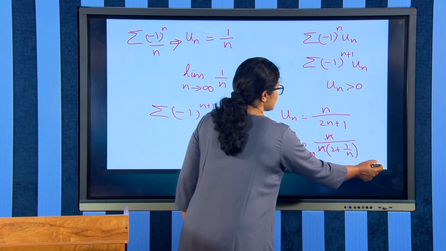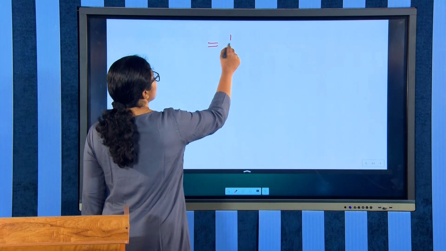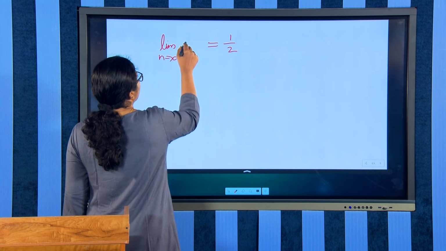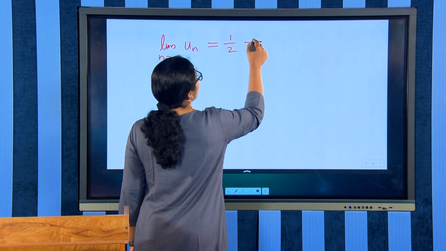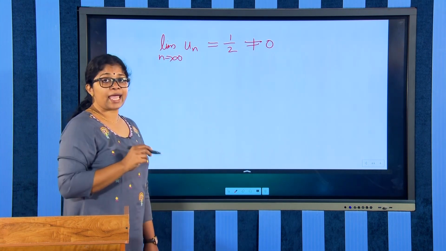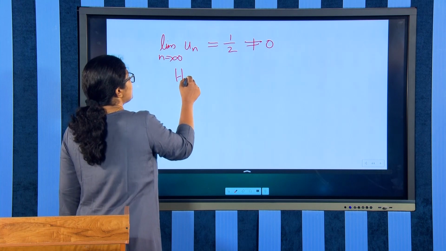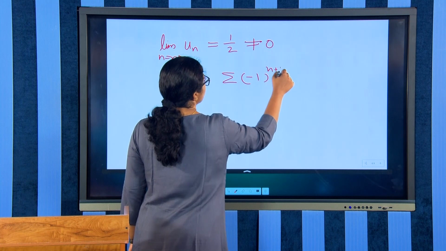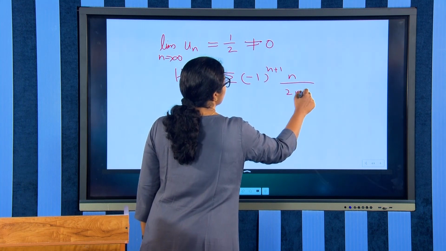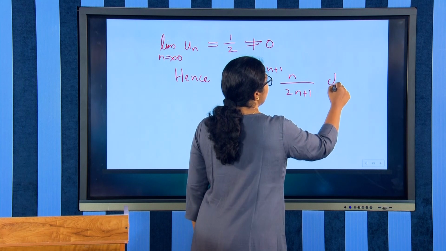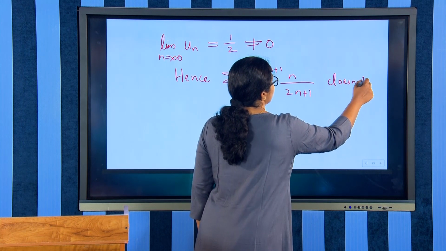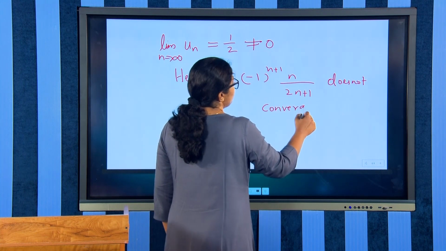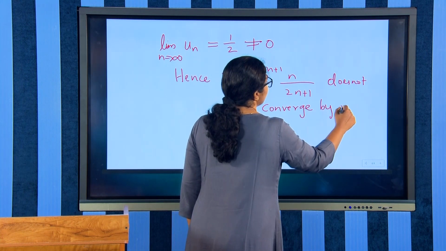You are getting it as 1 by 2. So, limit n approaching infinity un is a finite non-zero quantity, and hence we can say this series summation negative 1 power n plus 1 n upon 2 n plus 1 fails to converge, does not converge. By which test? By nth term test.